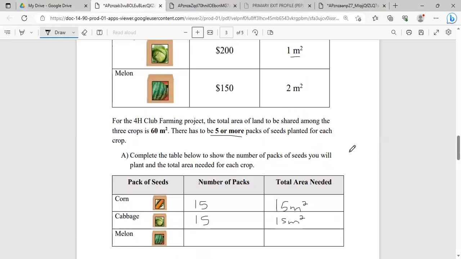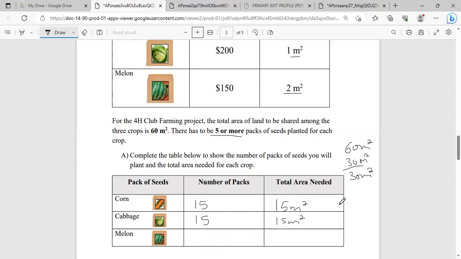But remember, it's 60 meters. We're supposed to have a maximum space of 60. So we already used up 30. So we have 30 meters square left. So what we need to do now is say, all right, how many melons can be planted with the balance? Now, 1 pack takes 2 meters square.